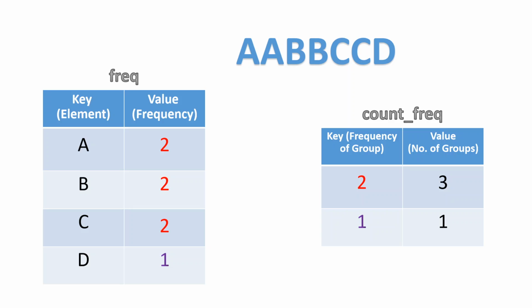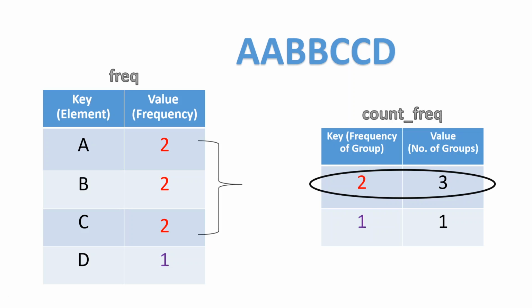So basically, this entire key value pair is one element, not just the key, not just the value. The key value pair is one element of the hash map. So what does this element correspond to? This element says we have three groups having two frequency. And what are those? Right here.